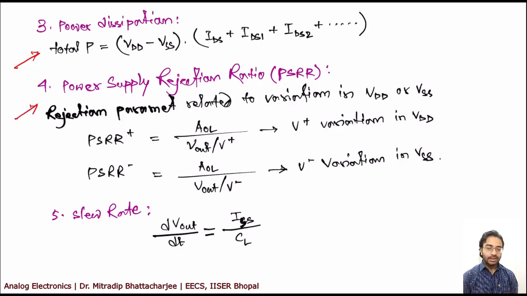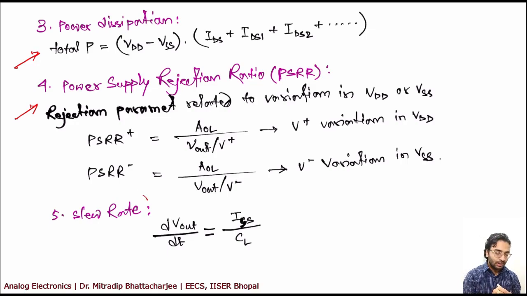This is basically the problem that comes from the variation in your power supply, like VDD and VSS. So generally people put a capacitor in parallel, but this is not the only solution for it. This may give you some sort of comfort, a fraction of a solution, but maybe in other frequency zones you will find the problem still remains. So you have to think of how to totally get rid of the power supply rejection ratio.